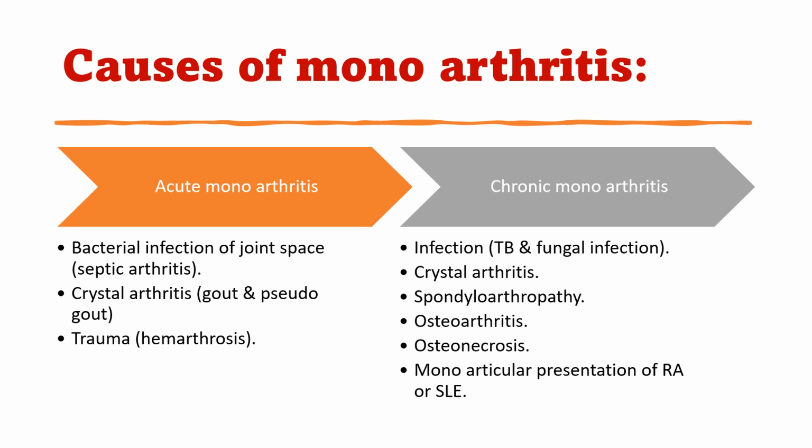It's either acute or chronic. In case of acute monoarthritis, we have 3 important differential diagnoses that I should think of before thinking about other causes. We have to think about septic arthritis, where there is a bacterial infection inside the joint. I have to think about acute crystal-induced arthritis, and the most common cause is gouty arthritis. And also I should ask about trauma. I should think about trauma or hemoarthrosis.